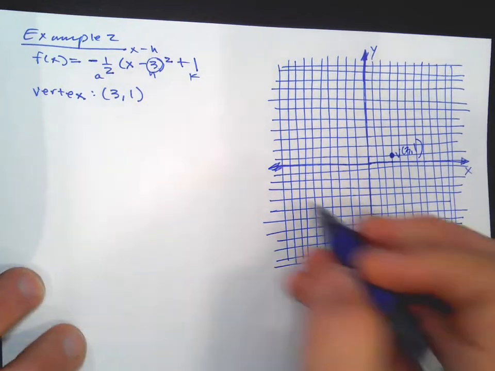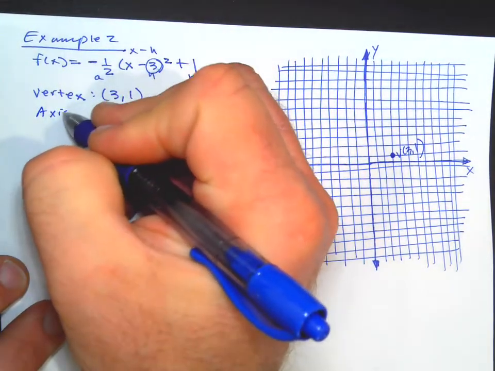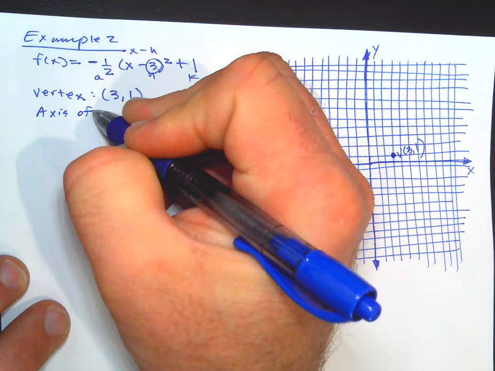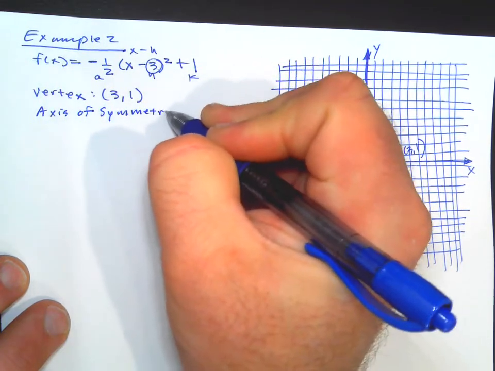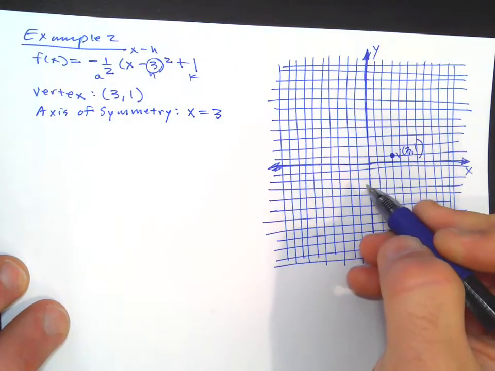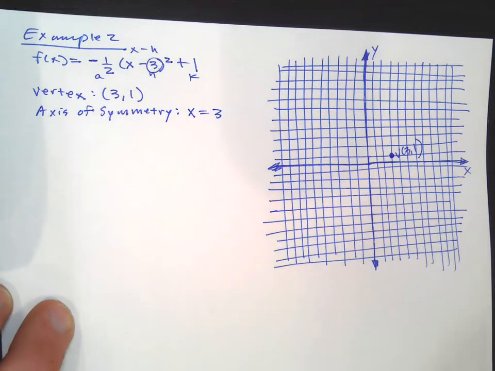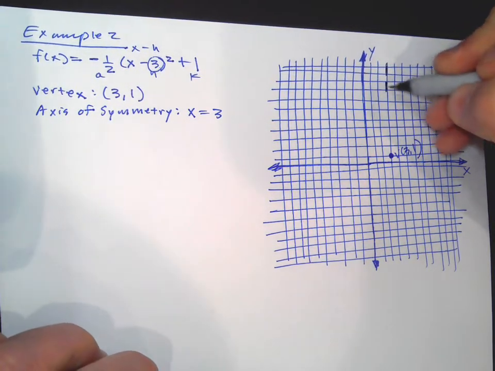And the axis of symmetry is at x equals 3. So we could draw that. Usually, because it's right on top of one of these lines, I like to use a different color.